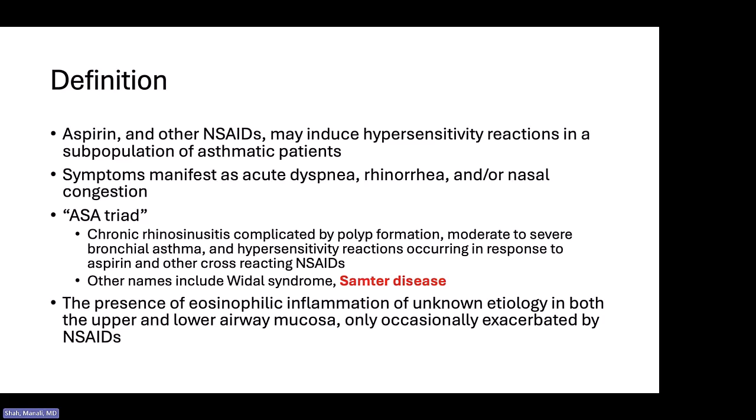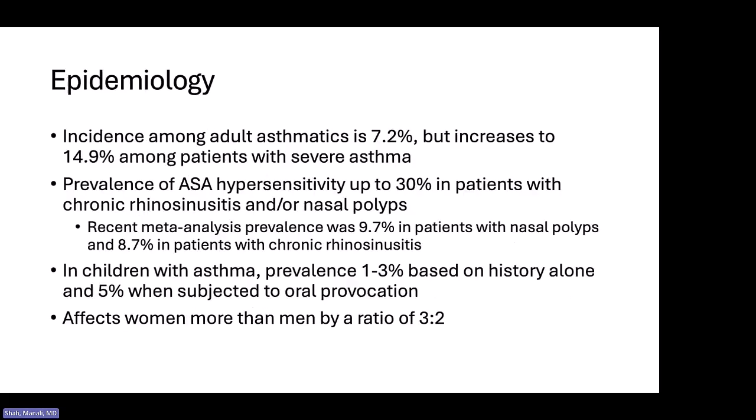I think something interesting that the Middleton's chapter really emphasized was that these patients will have eosinophilic inflammation in both the upper and lower airways that's already present before even being exposed to aspirin or NSAIDs. When they're exposed to these medications, that eosinophilic inflammation is made worse, but it's still there at baseline.